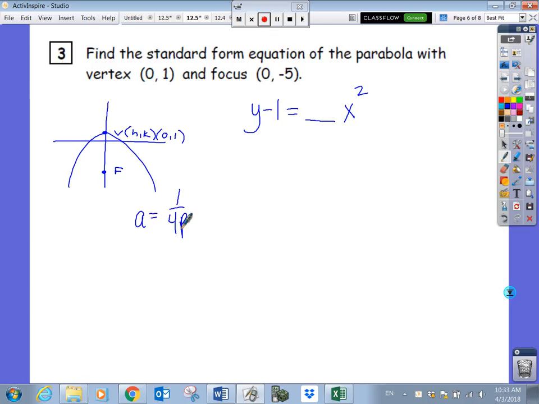P is the distance from the vertex to the focus. So from the vertex to the focus, that's a distance of p, from 1 down to -5 or -5 up to 1, however you want to say that, is 6. So a equals 1 over 4 times 6, which is 1 over 24. And again, because it faces down, that's negative 1 over 24.